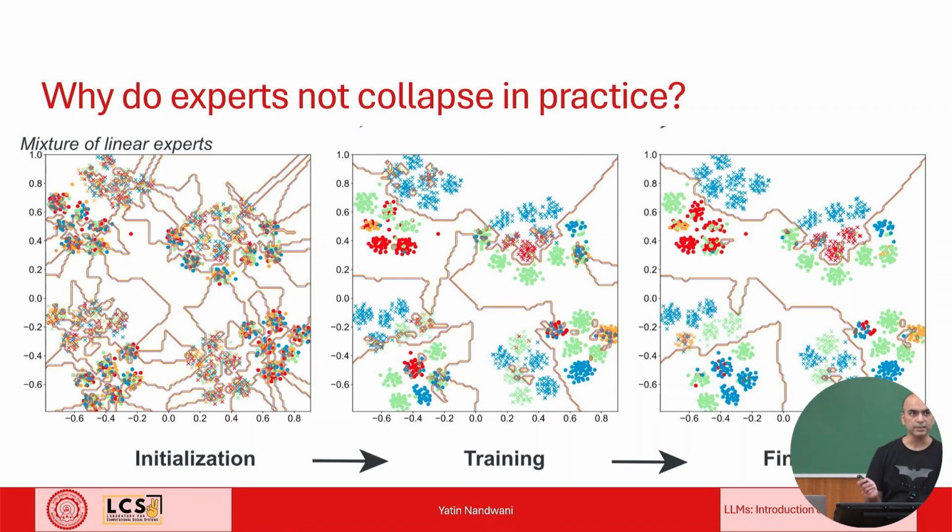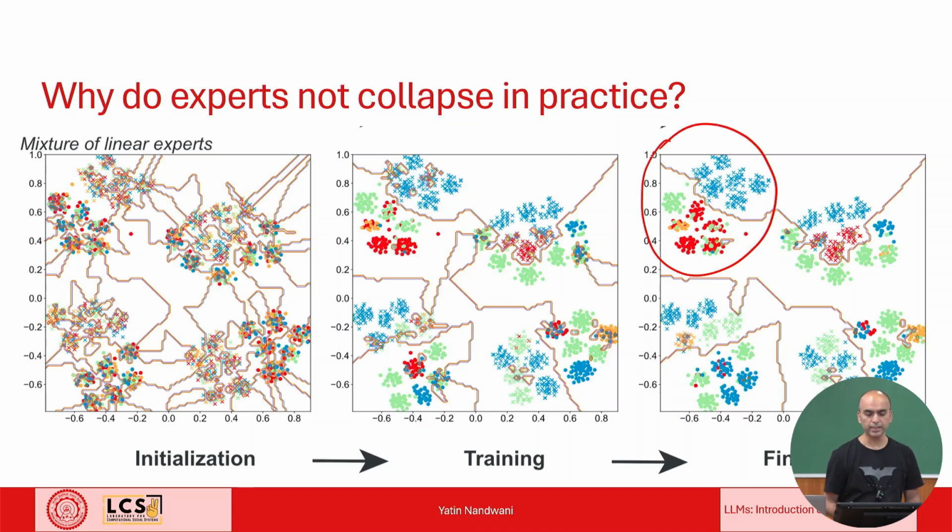And when they trained this, they found that the router has not learned meaningfully, right? For example, in this cluster, you see that this green expert is also getting routed here, right? And blue as well and red as well, right? So it has not learned properly.